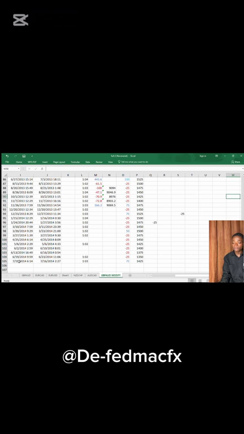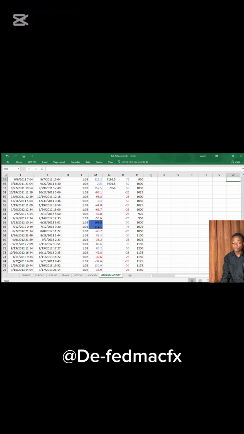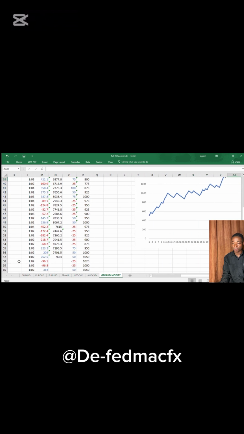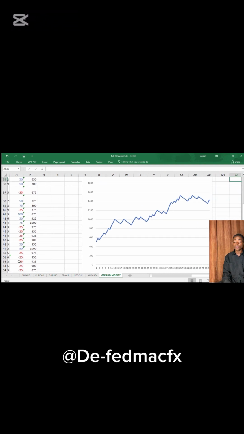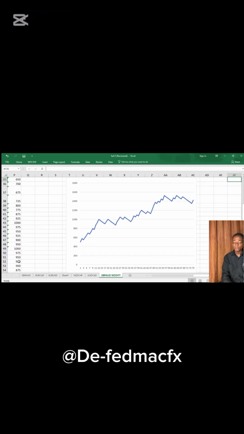But my main focus now, and I want you guys to pay much attention to, is this equity curve. If you do your own research, you will discover that profitable traders are always consistent winners. Not that they are always in profit on blue. When they say a consistent profitable trader, they mean that when you trade a particular account over a year, at the end of the day you come out profitable.